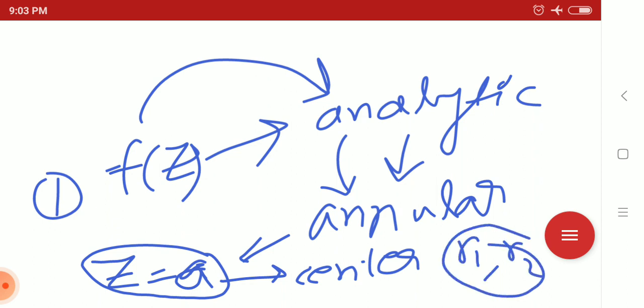As it is said to be analytic, there will be two radii, one inner radius and another outer radius.